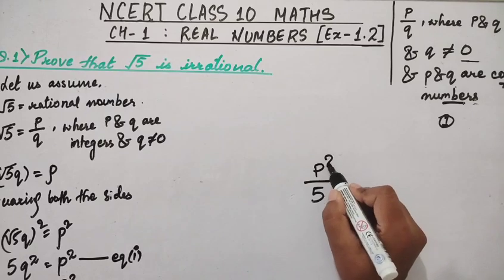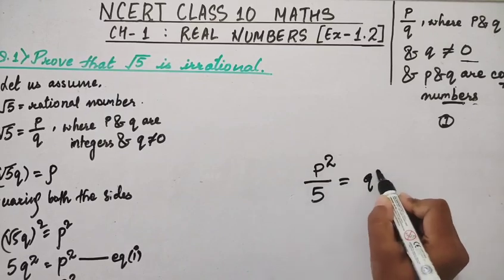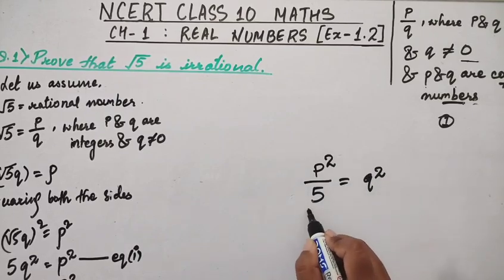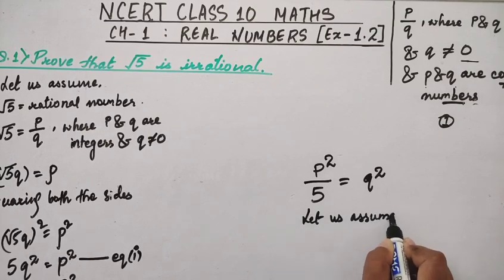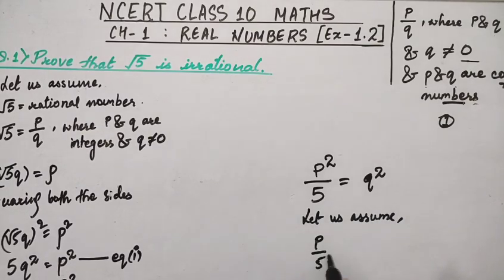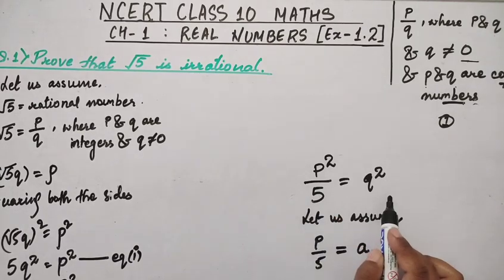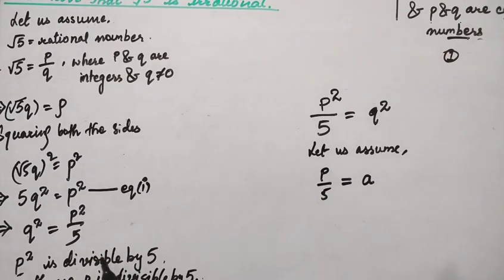If p square divided by 5 gives us q square, let us assume p by 5. When p is divided by 5, we get a. When p square is divided by 5, we get q square from the equation over here.